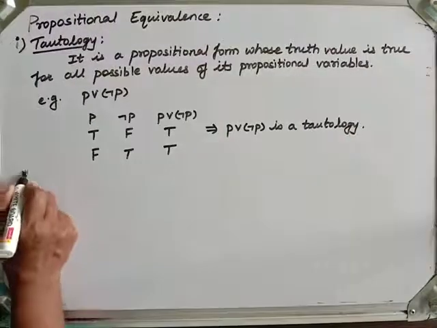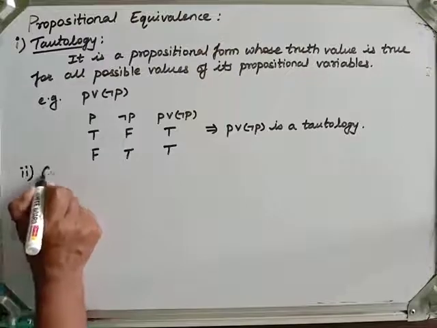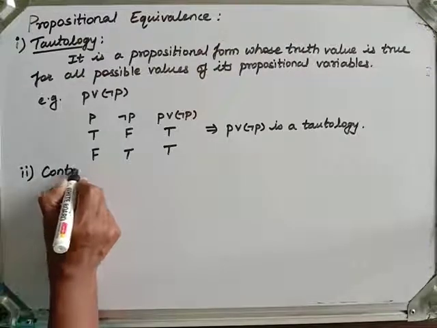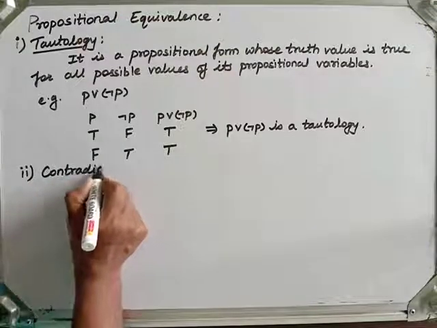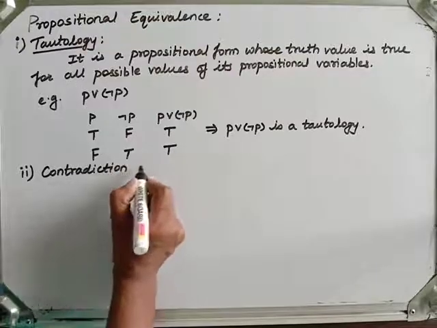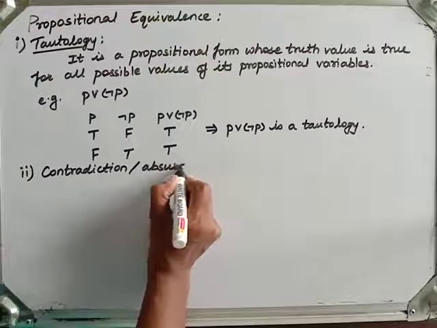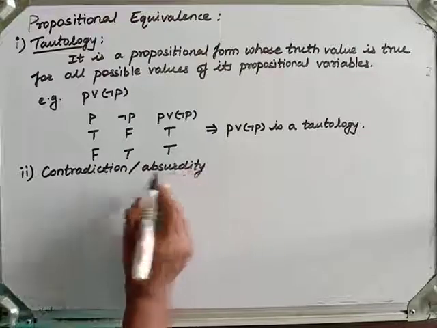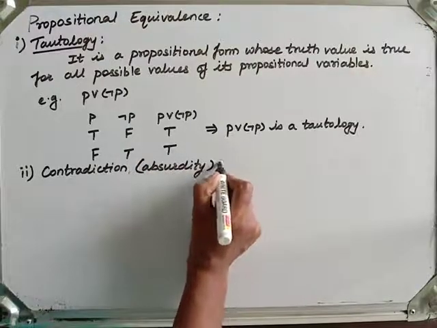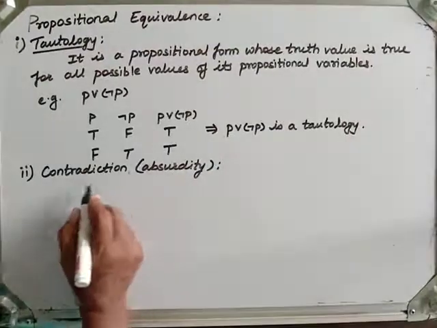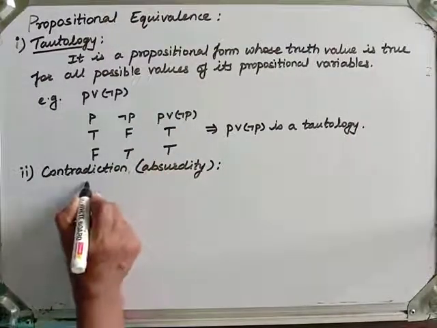Now let me take another definition, that is contradiction. Contradiction is also known as absurdity. Another name for it is absurdity. So now it is just opposite to tautology.